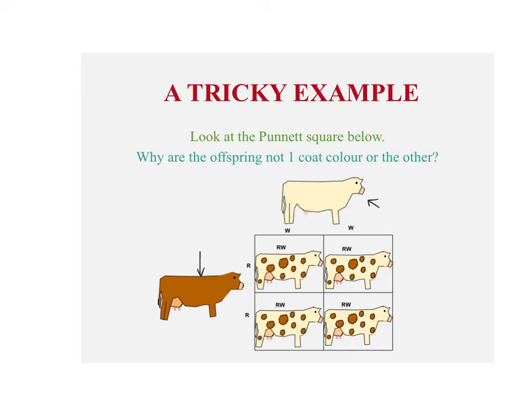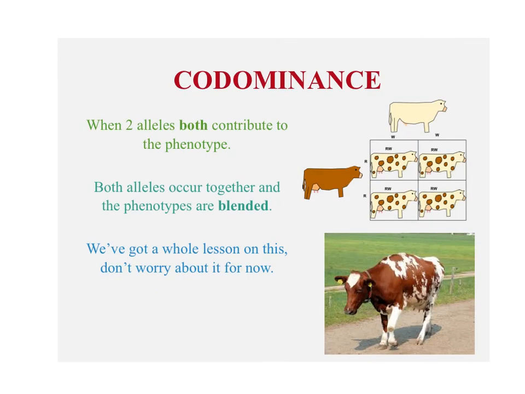If I combine those two mummy and daddy cows, the offspring that they have are spotty. Okay? This is called codominance. We've got a whole lesson on it, so don't worry about it for now. But this is where both alleles occur together. So generally, the offspring are heterozygous and the phenotypes become blended. You can say that they're both manifested.